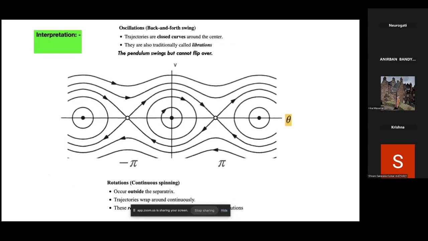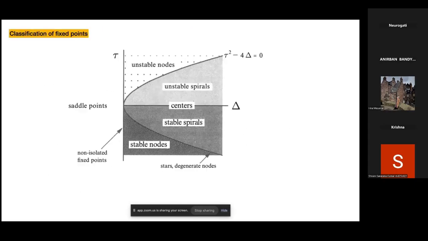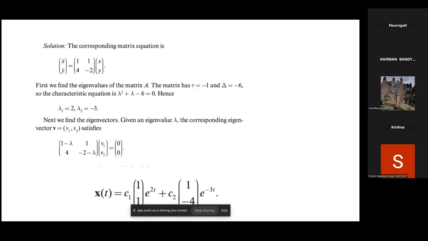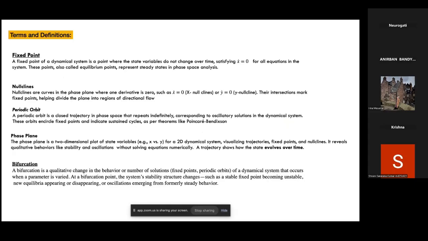If you plot this system, theta and v, for all the solutions, we'll get this kind of diagram. And this kind of diagram is actually called a phase plane. I think I talked about the phase plane earlier. So what is a phase plane? A phase plane is a kind of plot of a 2D system.